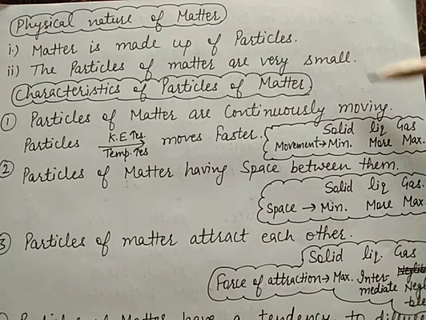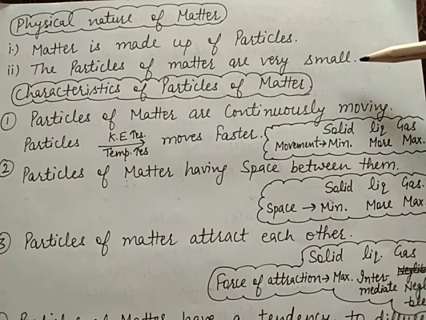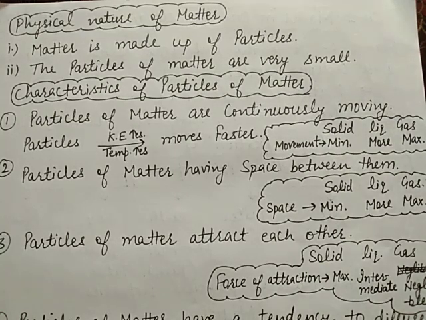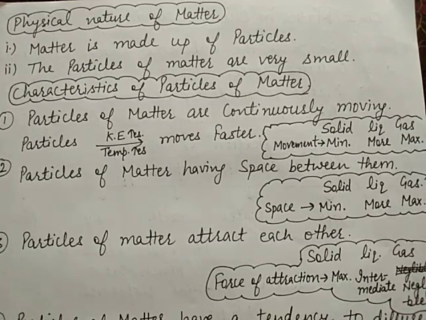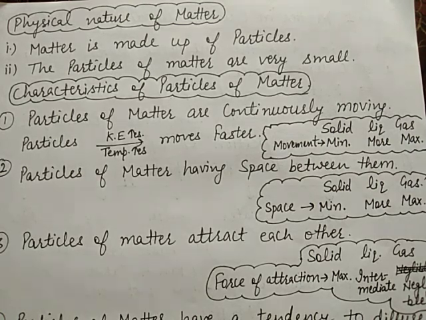Now the second characteristic of matter is that the particles of matter are very small. Here we take an activity: dissolve 2 to 3 crystals of potassium permanganate, KMnO4, which is purple in color, in 100 ml of water in a beaker.